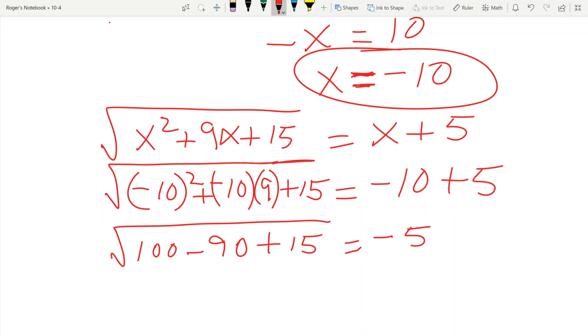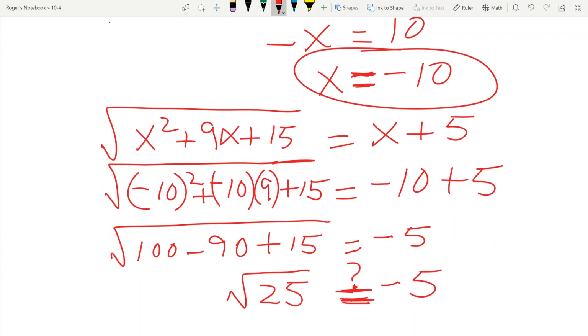So you look at the left side and you say, well, 100 minus 90 is 10 plus 15 is equal to 25. So we have the square root of 25. Does that equal negative 5?